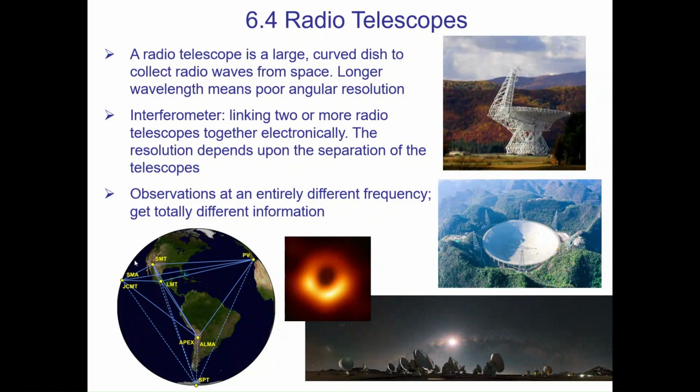You can see all these radio telescopes working together, and their separation is almost the diameter of the Earth's globe. You can imagine this interferometer is able to observe a very, very small object.